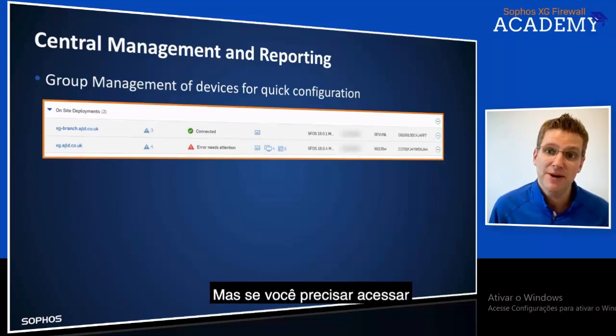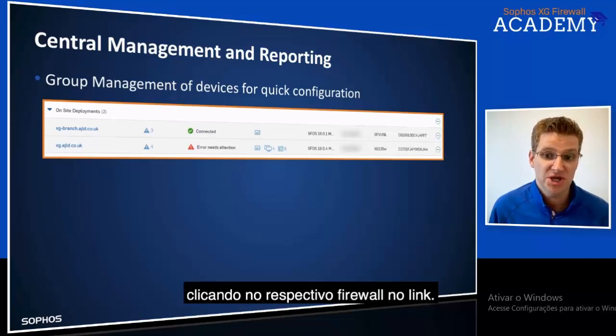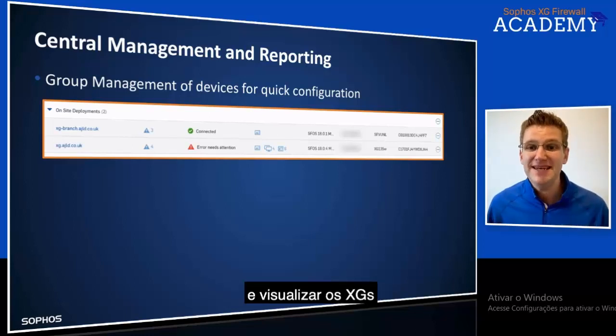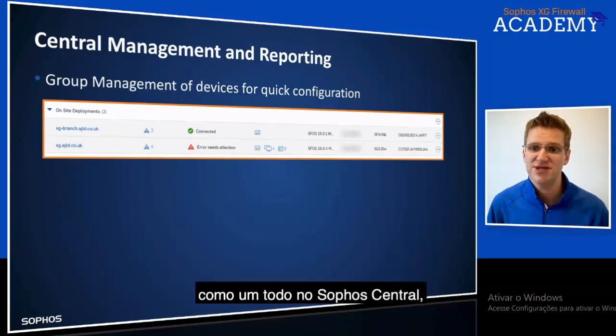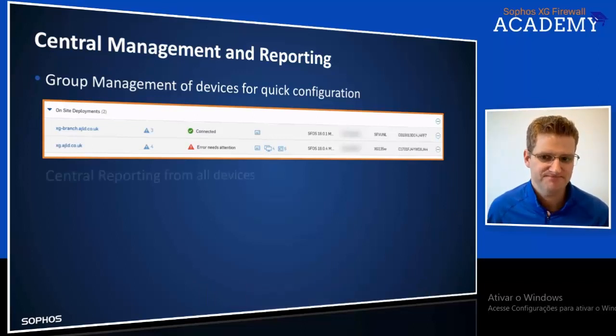But if you need to jump on one of those XG firewalls directly, you can do so immediately by clicking the relevant firewall link. So you've always got the ability to configure them and have visibility of those XGs as a whole in Sophos Central, but you can also click directly into them.